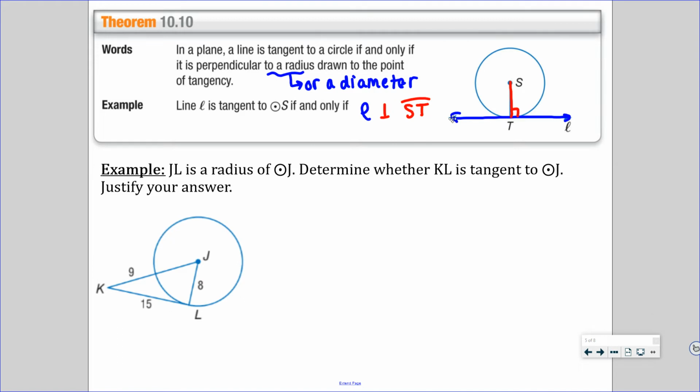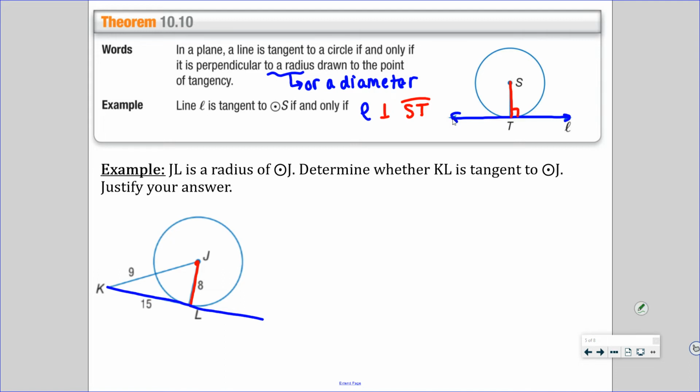Okay, so let's try a couple of these. This example says JL is a radius of circle J. So they're telling me this length of 8 is a radius. Determine whether line KL is tangent, you can extend it if you want. Is that line tangent to circle J?